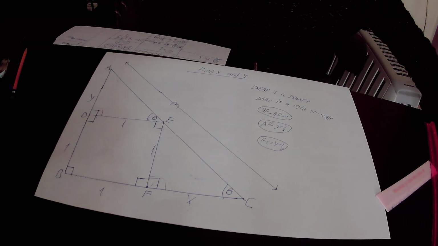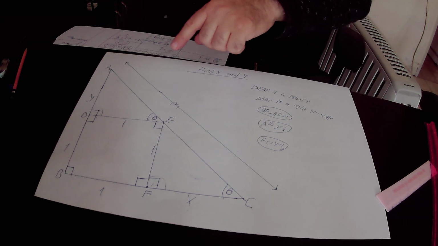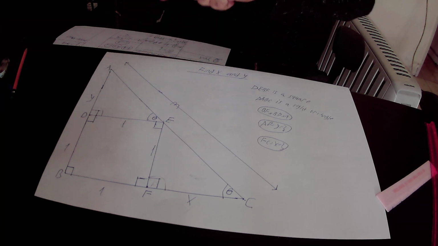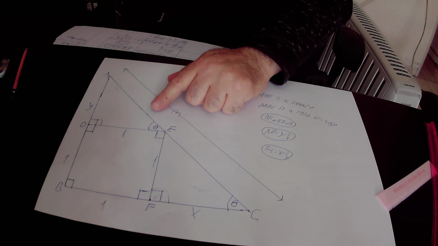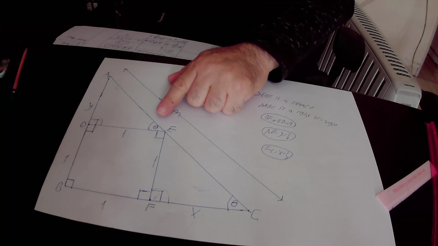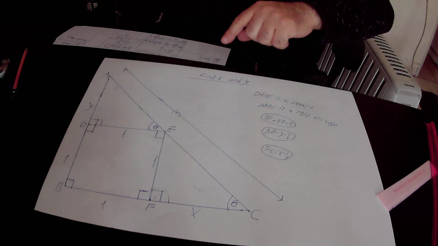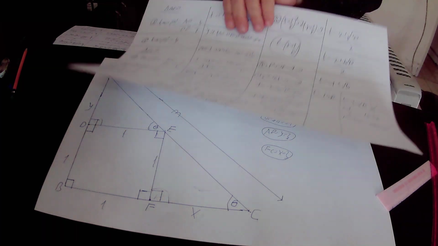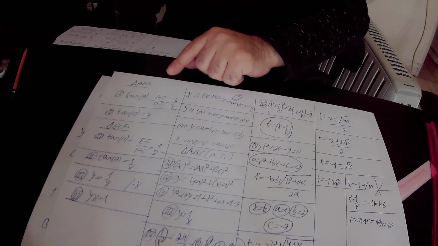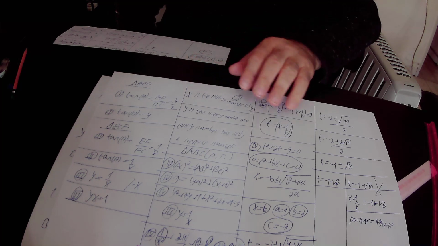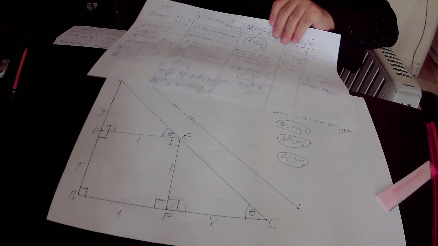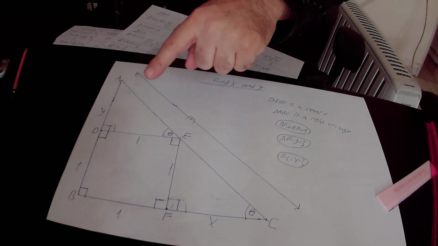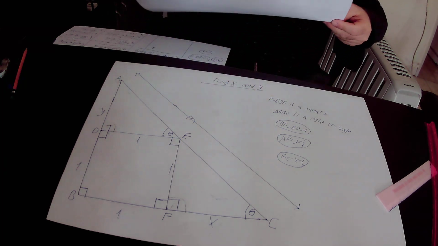Then we focused on the right triangle AED. In the right triangle AED, tangent theta equals AD over DE. AD equals Y and DE equals 1.